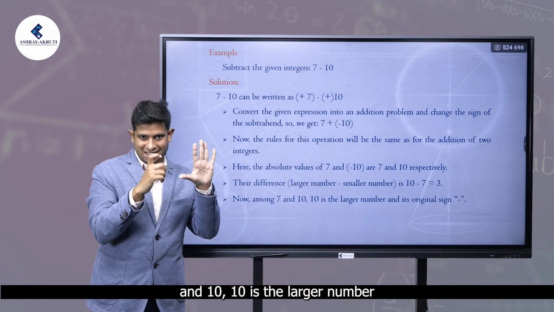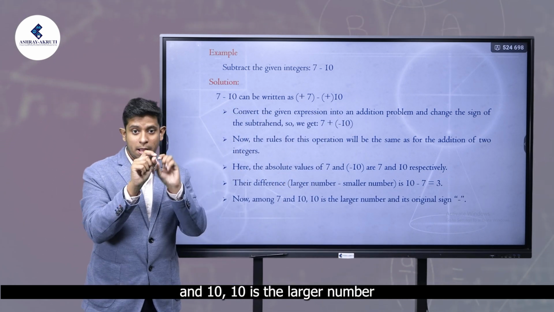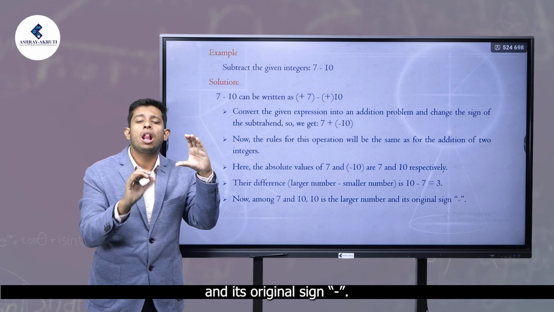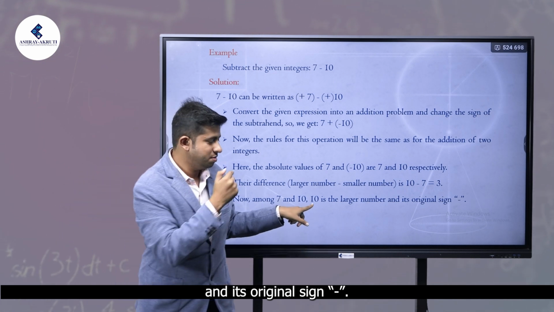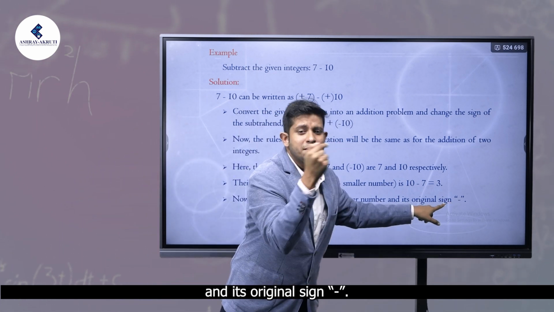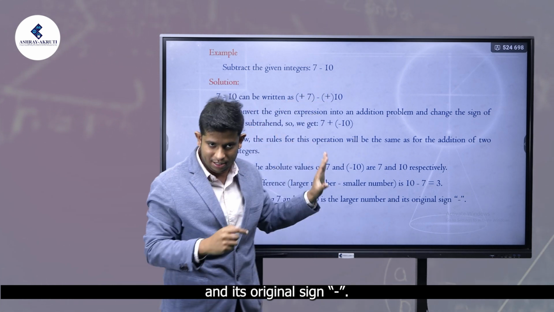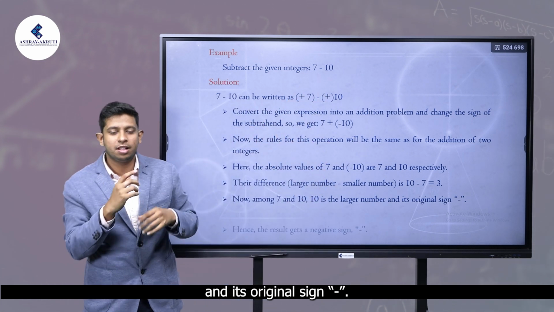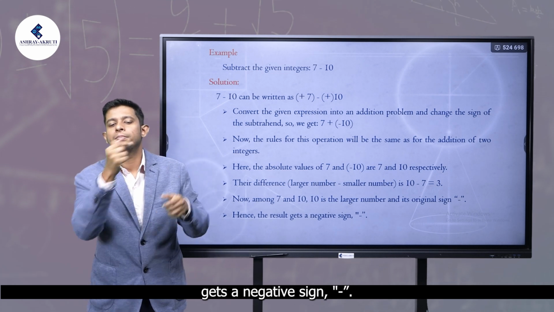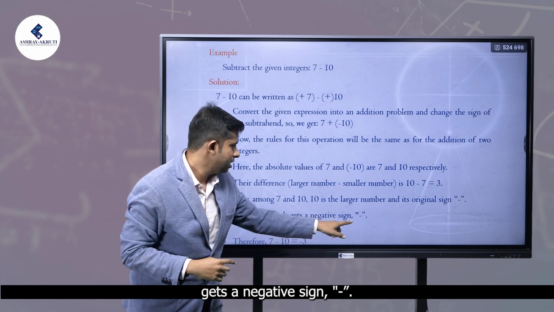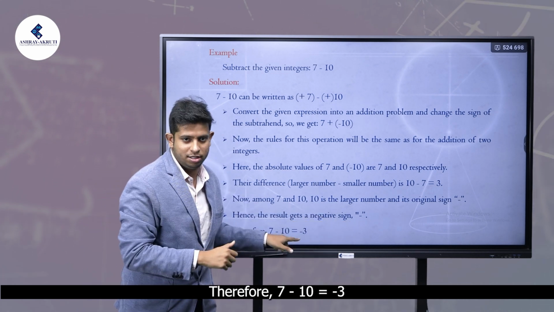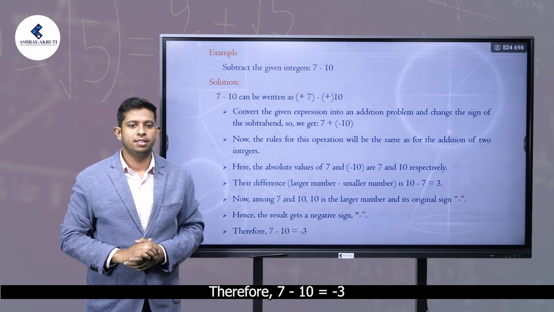Now among 7 and 10, 10 is a larger number and its original sign is minus. Hence, the result gets a negative sign. Therefore, 7 minus 10 is equal to minus 3.